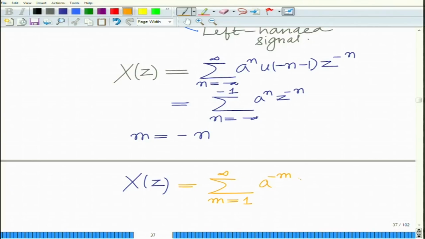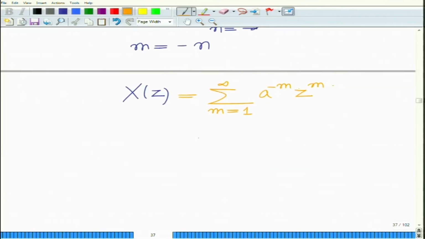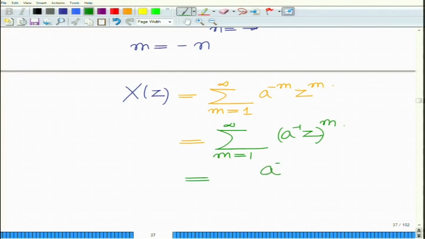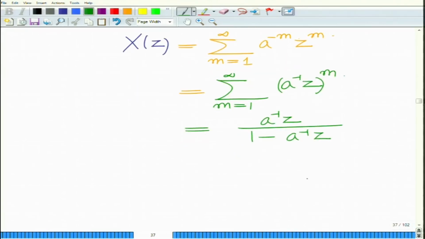So, this will be a raised to minus m z raised to m, which is basically the summation of a inverse z raised to the power of m, which is a inverse z divided by 1 minus a inverse z, but this converges only if the magnitude of a inverse z is strictly less than 1.